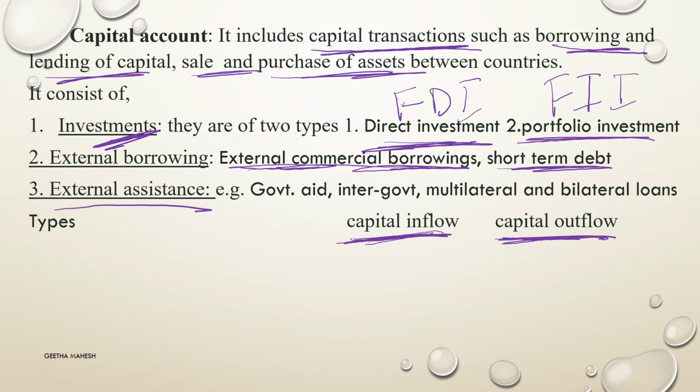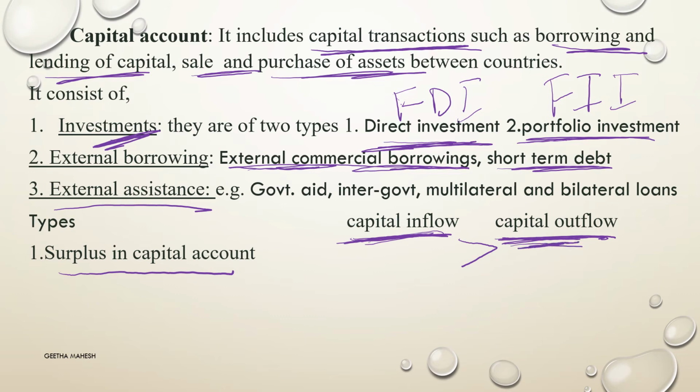Now let us discuss the different types of capital account. The capital account is said to be surplus when capital inflow is greater than capital outflow. So, inflow should be more than the outflow, then the capital account is said to be surplus.